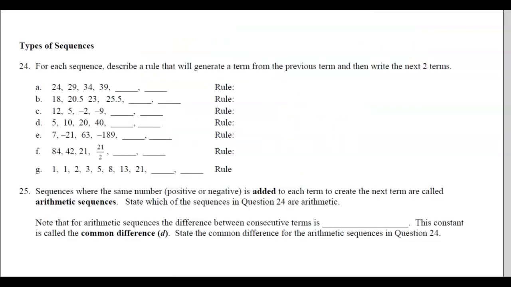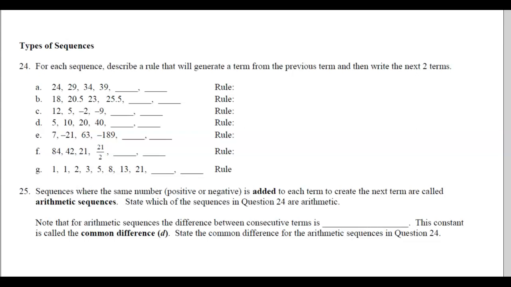Okay, and then types of sequences. So classifying them. We're going to concentrate in this unit on arithmetic and geometric sequences. But there's millions of types of sequences, as long as you can find that pattern. So for each sequence, describe a rule that will generate a term from the previous term, and then write the next 2 terms.